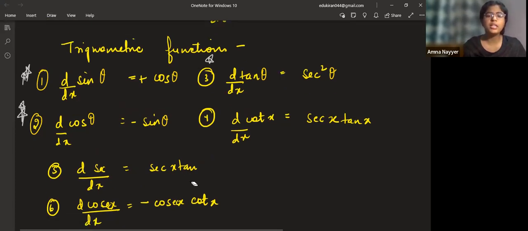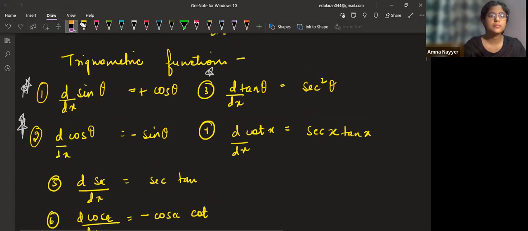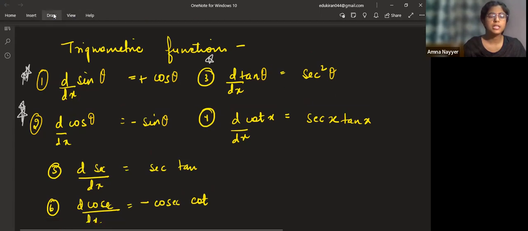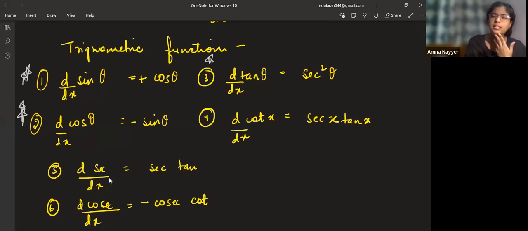Now, if you are differentiating sec theta or cosec theta, these are usually not given in the exams. But if somewhere you find a question, you should have the knowledge of how to differentiate these. So sec theta becomes sec theta into tan theta.